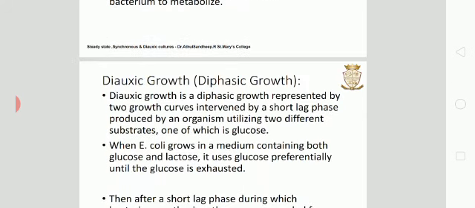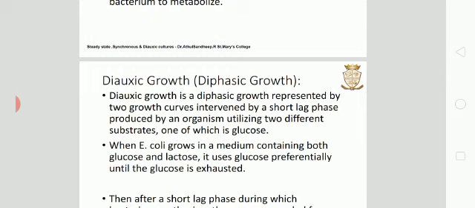See, in a diauxic culture medium, there are mainly two types of sugars present. One of them is used first, then after depleting it, the second one will be used. Diauxic growth is diphasic growth represented by two growth curves separated by a short lag phase, produced by an organism utilizing two different substances, one of which is glucose.